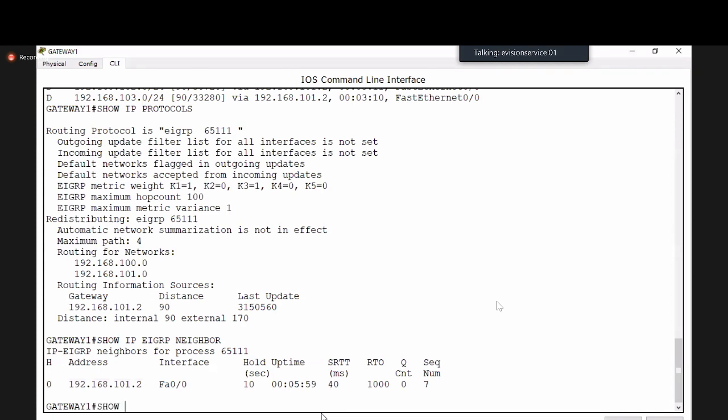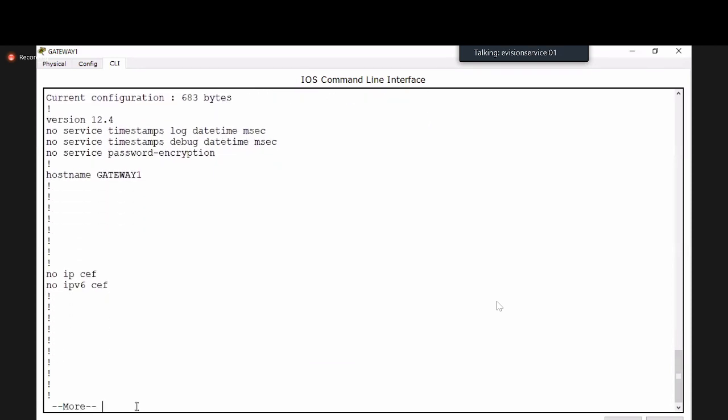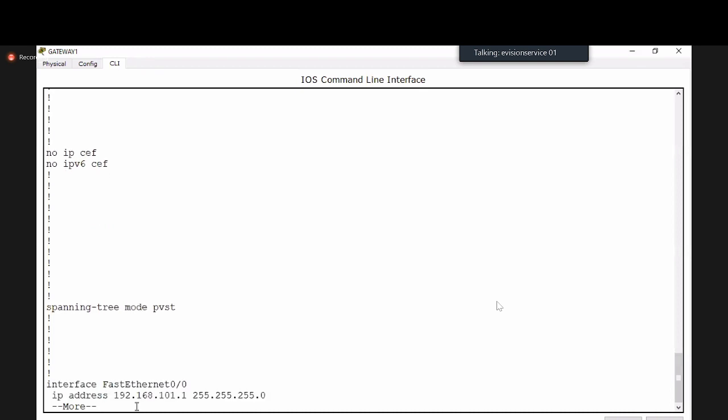Taken, right? Then you can use this command called show running config. This is the command to check the running configuration of your router. Whatever configuration you have done on your router, if you want to see all the configurations, you can always use this command, show running config. Press enter and you will see this more. This more means you will have to keep pressing enter, and you will see all the configurations of your router.